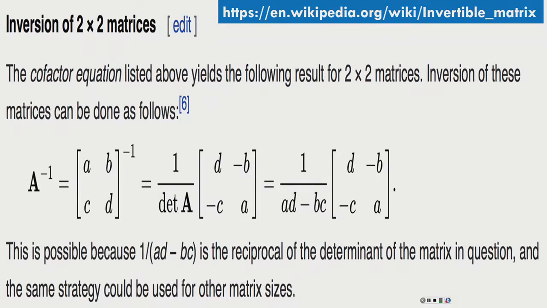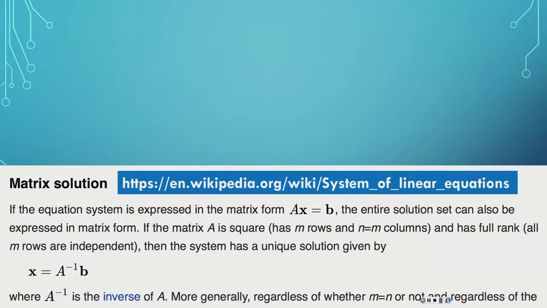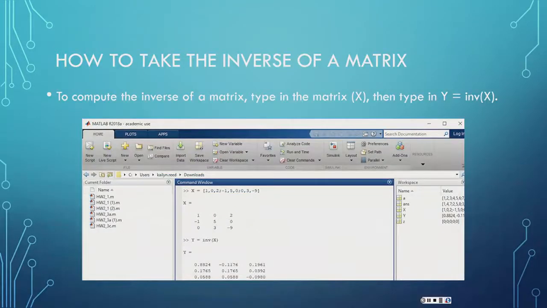So you just, or the determinant, sorry. You do 1 over A times D minus B times C times your new matrix. And then this is the matrix solution. So X equals your inverse matrix times B, which would be a different matrix.